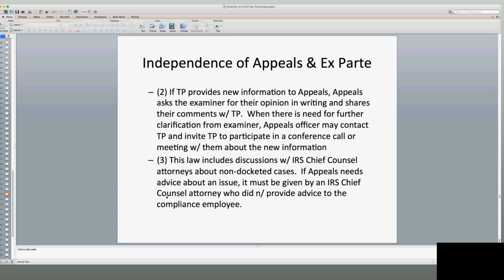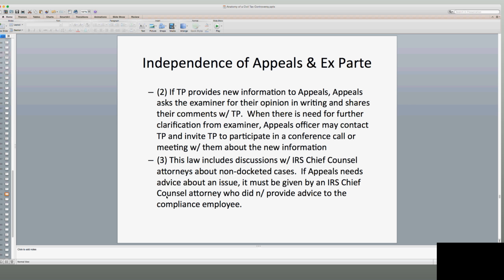Non-docketed cases just means that it's through a protest, and that there's two ways of getting to tax court. Or getting to appeals rather. One is by filing the protest. The other is by bypassing the filing of a protest and filing the petition. In most cases, if it's under a certain amount, tax court is going to ship it back to appeals and try to get the parties to negotiate some type of settlement with appeals, even if the taxpayer didn't file the protest and automatically made a petition to the tax court.